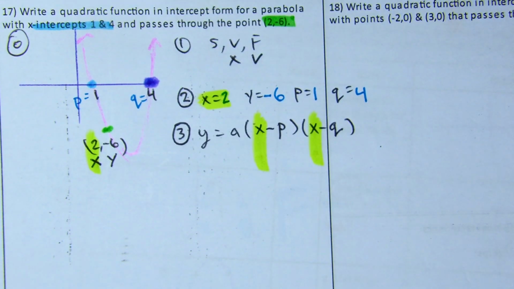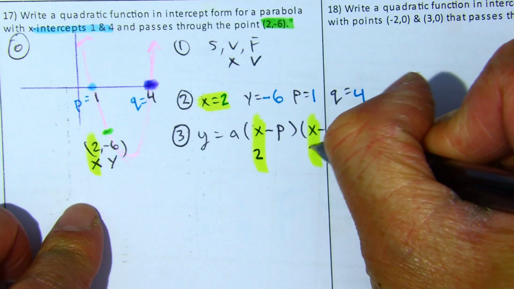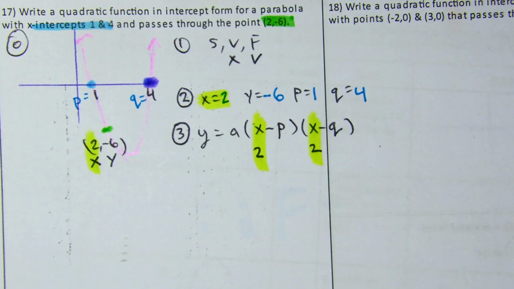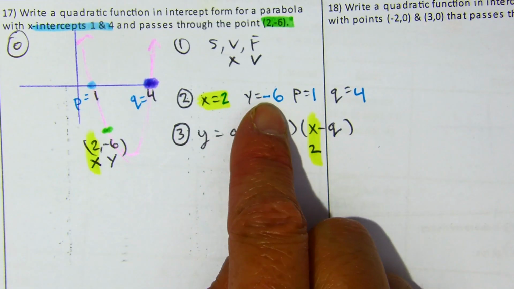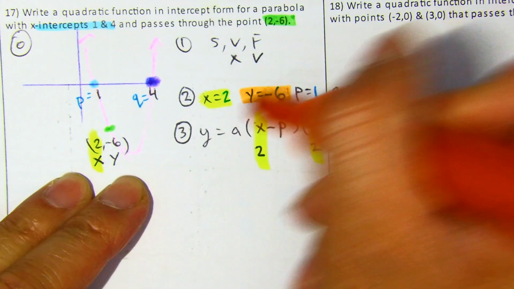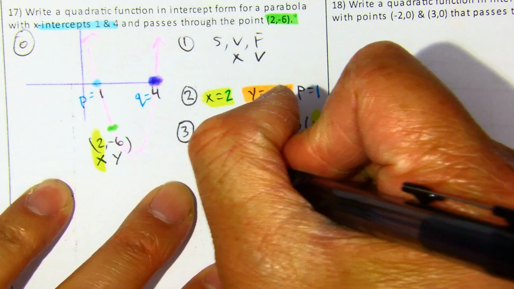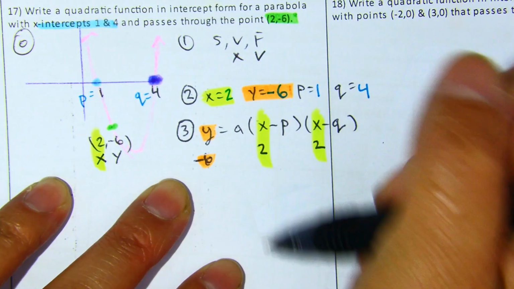Let's write that. 2. 2. Our y value is -6. We're trying to solve for the a value, so I'm not going to touch that. Okay.